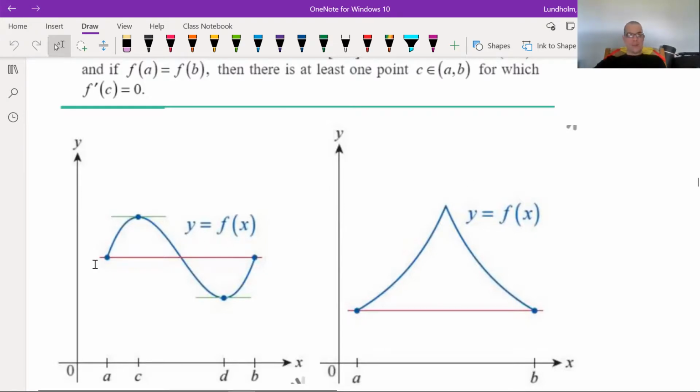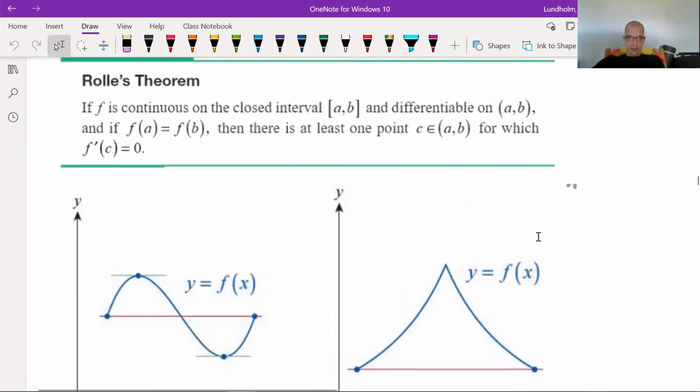If we've got a positive slope at some time, we're going to need to have a negative slope at some time. And in between the positive slope and the negative slope, there's going to be a 0 slope. But for this one, we've got a positive slope and then a negative slope, but since we're not differentiable at this point, we're able to skip over a flat slope. And so, yeah, the differentiable part's important.